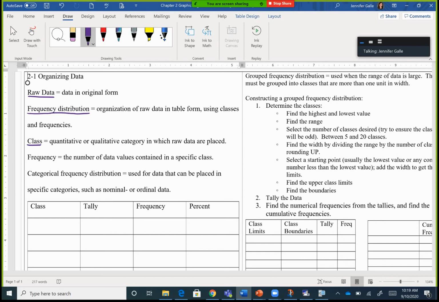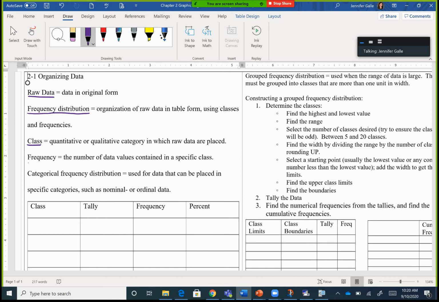Quantitative, we think of a quantity, which is numerical. A quantity is a number. So we might have classes that are numerical. Or they might be qualitative. Remember, qualitative is some type of quality, some type of characteristic. Or more so something that we're just going to call by name. It's not going to be numerical.